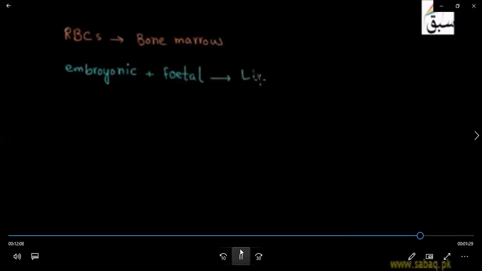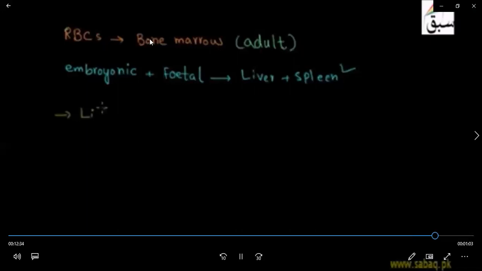So at that stage, these cells are formed in the liver and the spleen. When the human becomes an adult, the bones are properly defined and strong, and the bone marrow is present inside them. Then RBCs, WBCs, and platelets are formed in the bone marrow. Now, what is a lifespan?